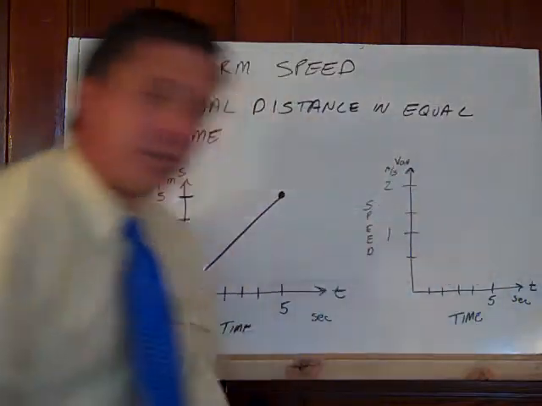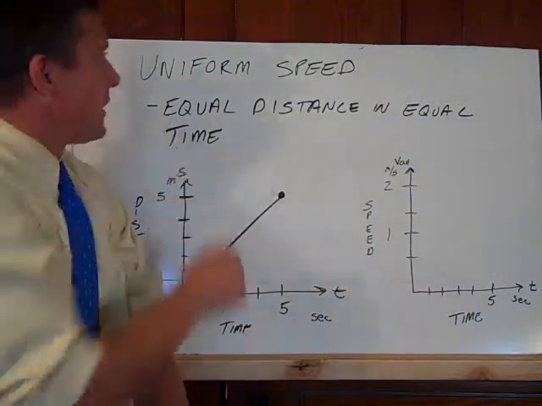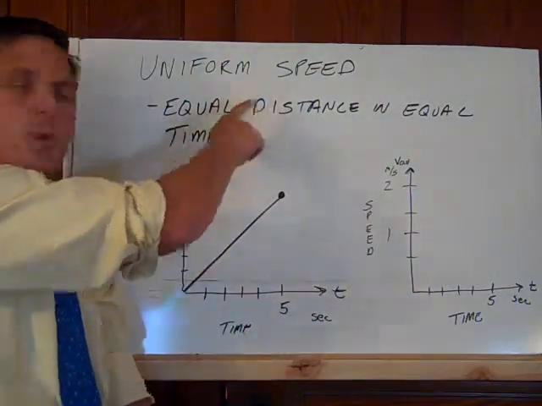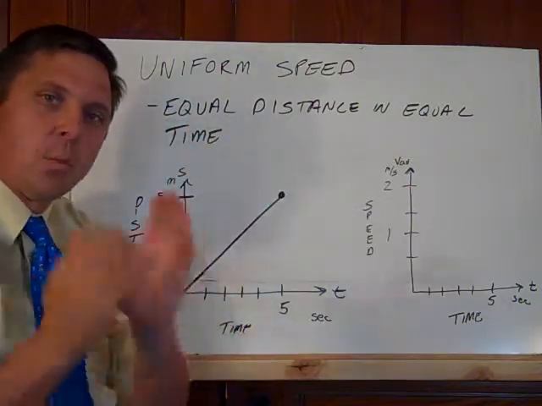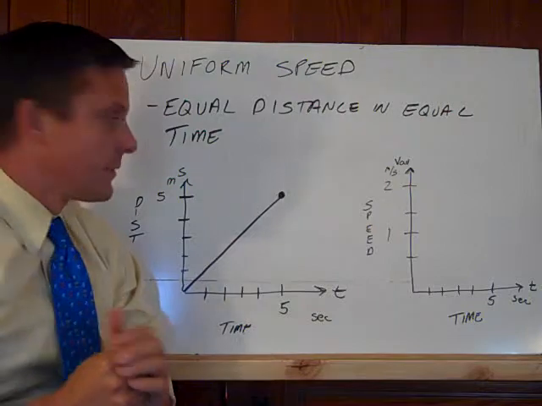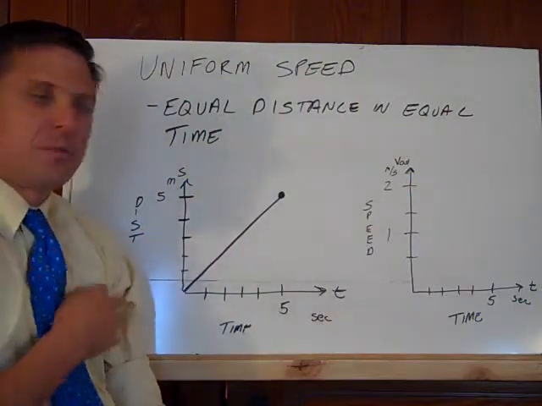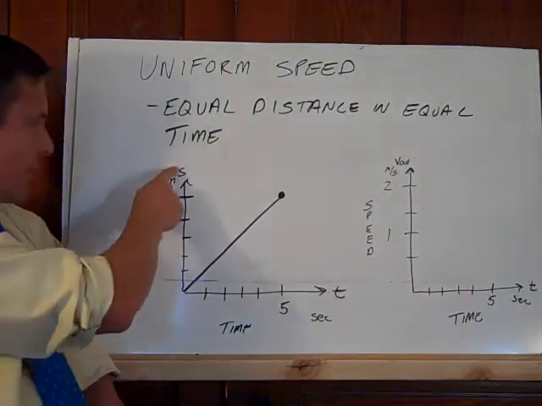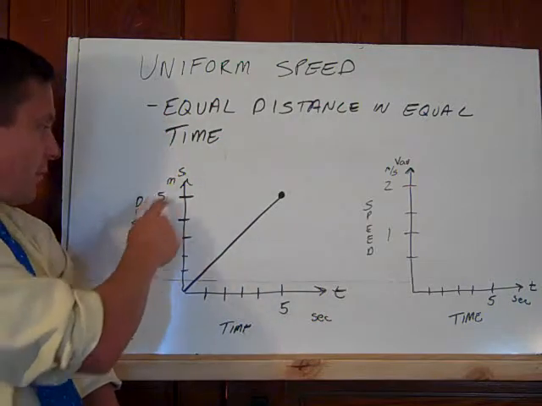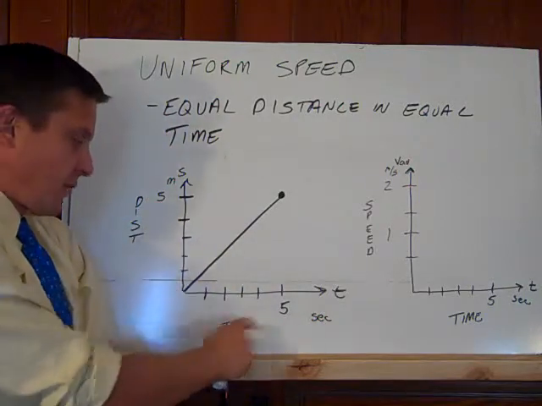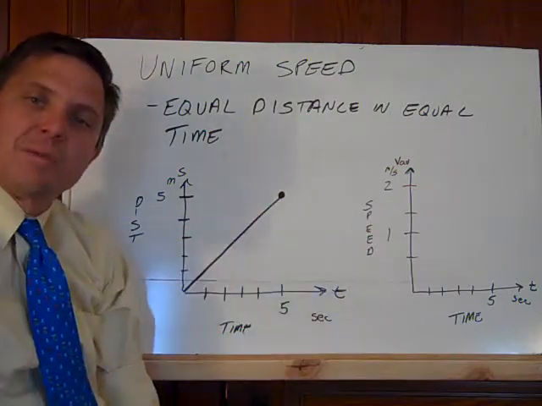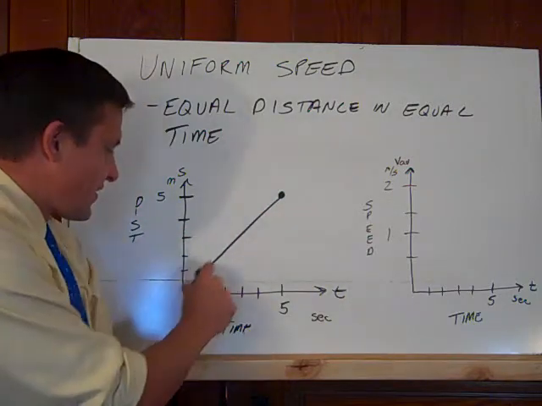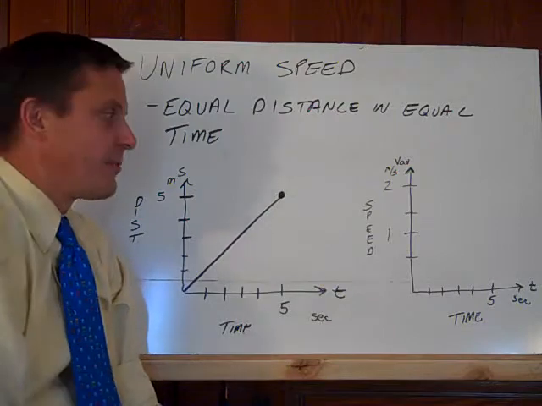Often we make graphs of these situations. So we can have a case of uniform speed: equal distance traveled in equal time. 1 meter per second, always the same. Here I have a graph of distance in meters, 5 meters, and here's time in seconds, over 5 seconds. 5 meters in 5 seconds, consistently the same, 5 meters per second.